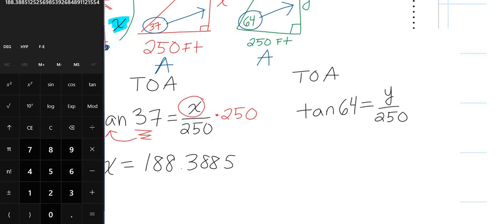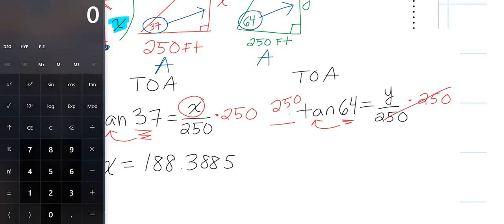Multiply both sides by 250. These will cancel. And now calculator work. Remember, 64 first, then the tan, then multiply by 250. So I'm clearing this out. 64 tan, it's about 2.05, that's the tangent of 64, times 250. 512 and then some decimal.